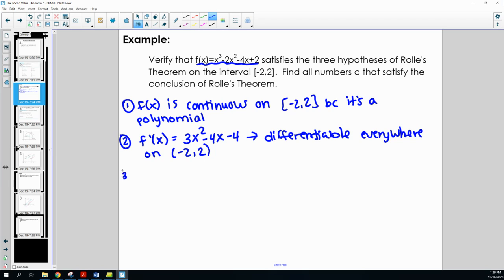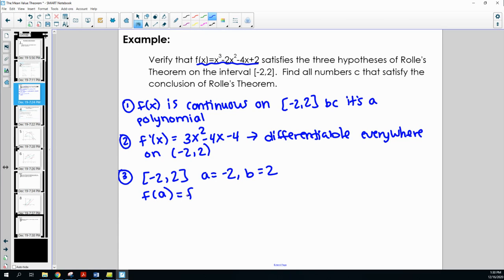So now for the last hypothesis we have to check, we have to see if f of a and f of b are the same. So if the y values of my endpoints are equal. So first, we could see from our interval, -2 to 2, we know that a is equal to -2 and b is equal to 2. These are my two endpoints. So what I'm going to do is figure out f of a.